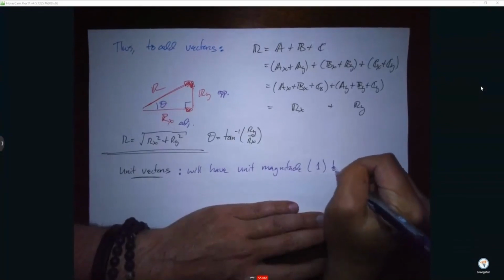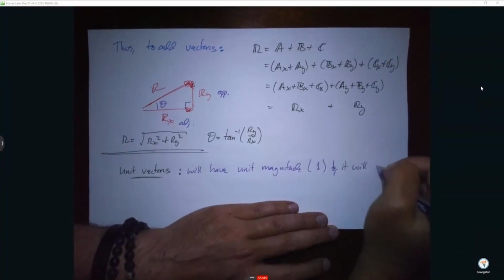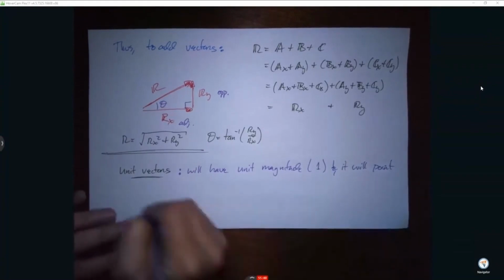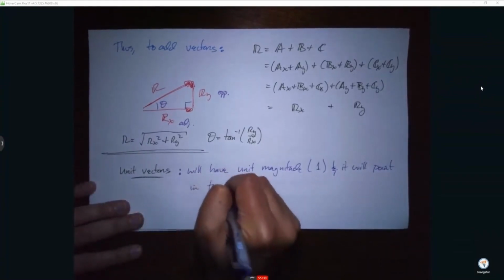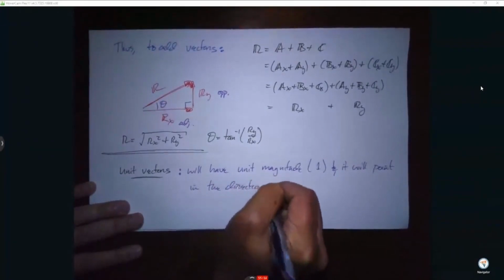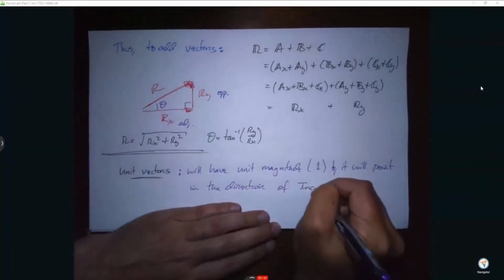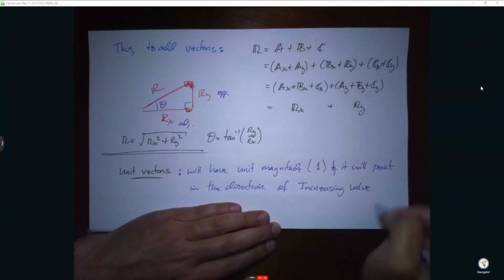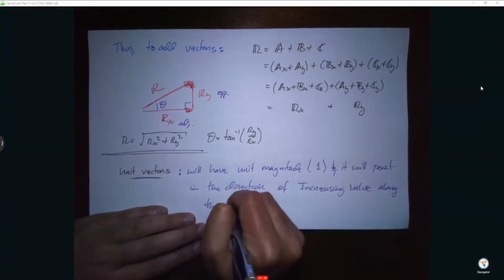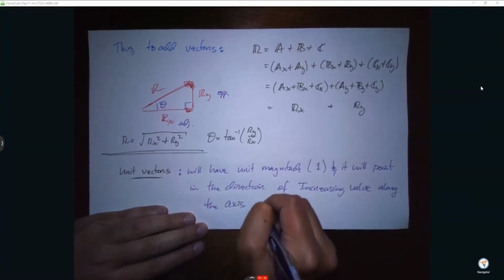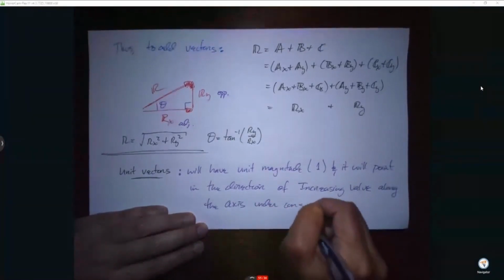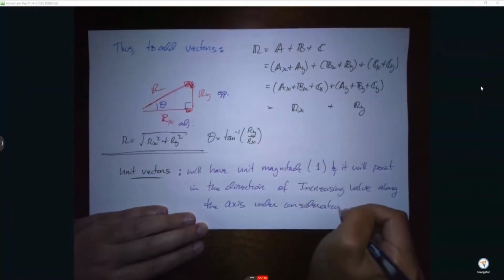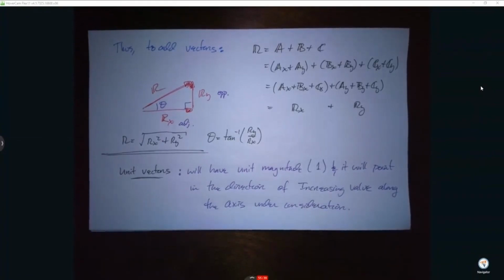It's just the length is 1, mathematically 1. Okay, and it will point in the direction of increasing value along the axis under consideration, whichever axis that happens to be.